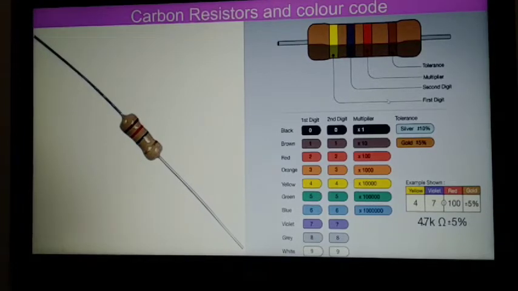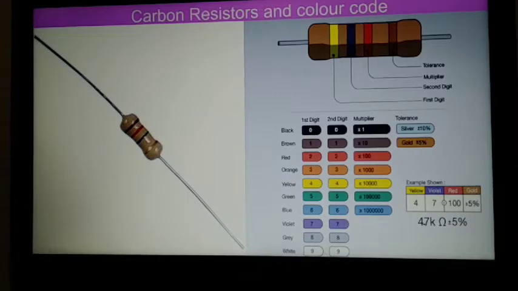So the first three colored rings: the first one is the first digit, the second one is the second digit, and the third one is expressed as a multiplier, that is 10 to the power of that number, and the fourth one is tolerance. Generally the fourth ring may be silver or gold, or there may be no fourth ring.